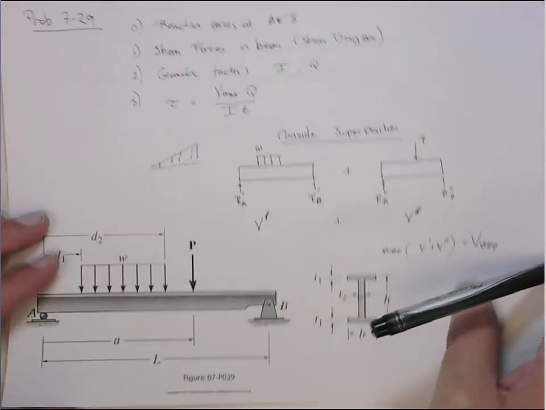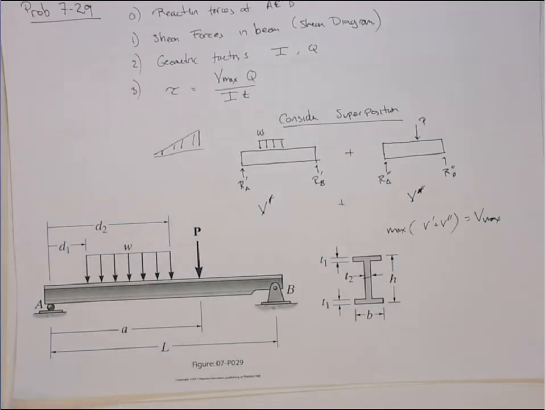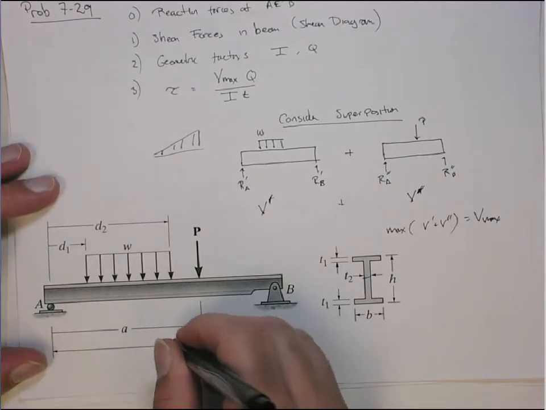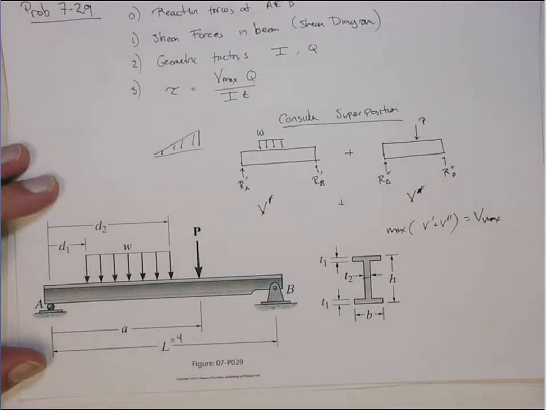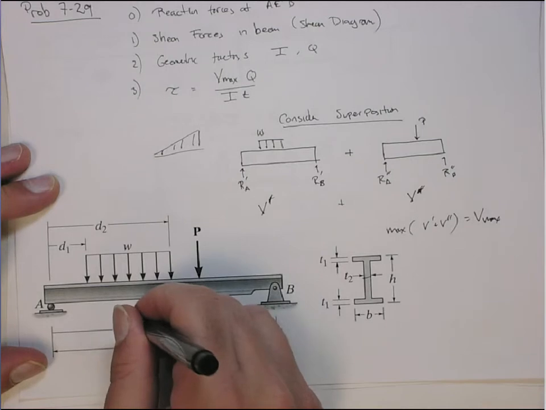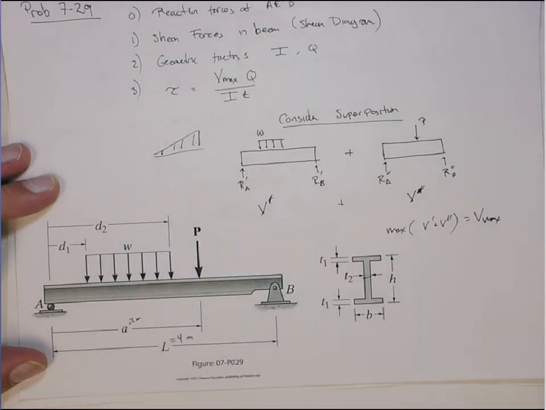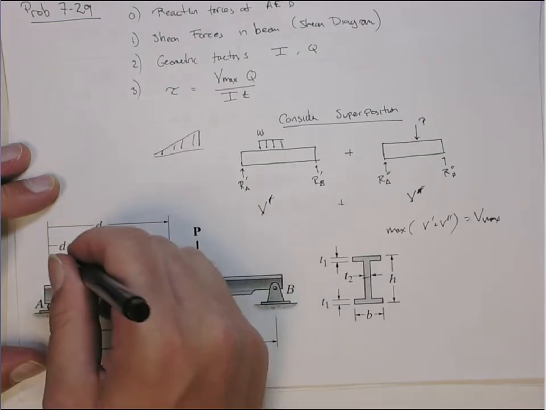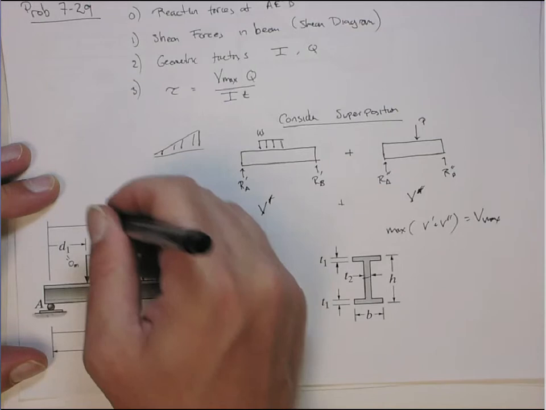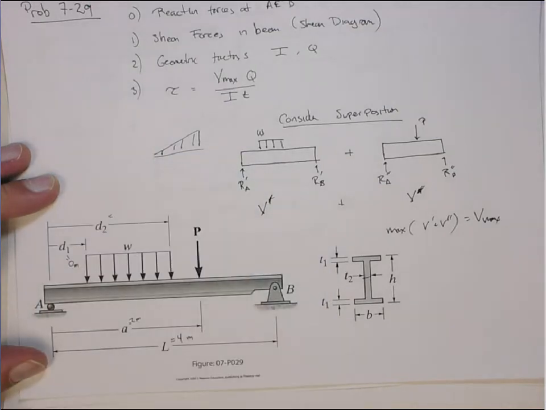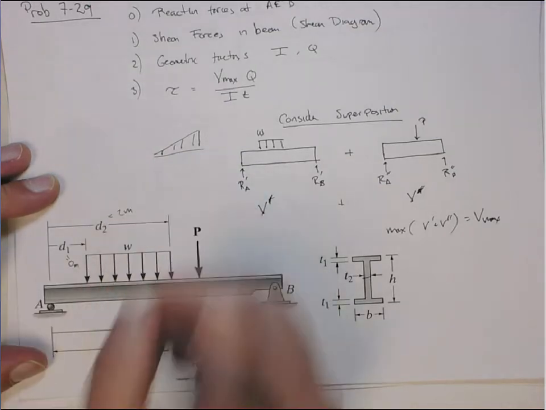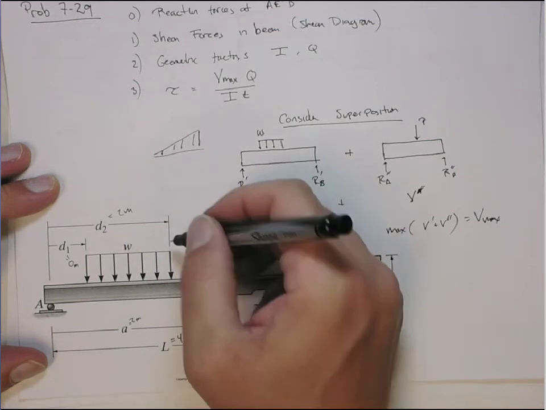So it's going to be the same problem, except we're going to use L equal to 4. This is all millimeter meter stuff. A is 2 meters. D1 is 0. D2 is going to be 2 meters. So actually P is going to be right at that point there.